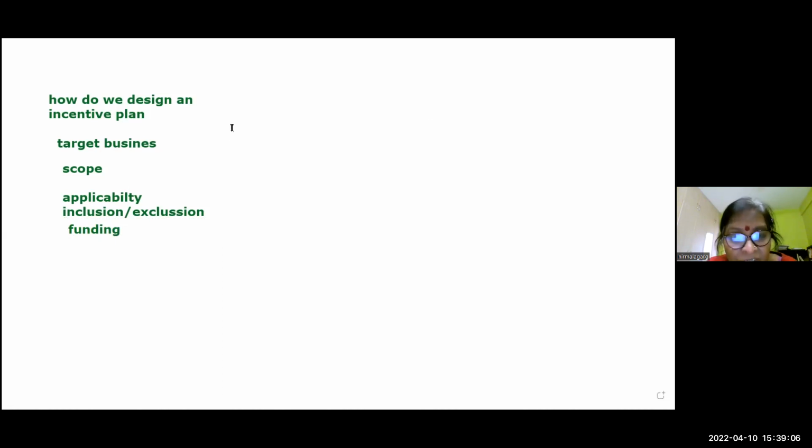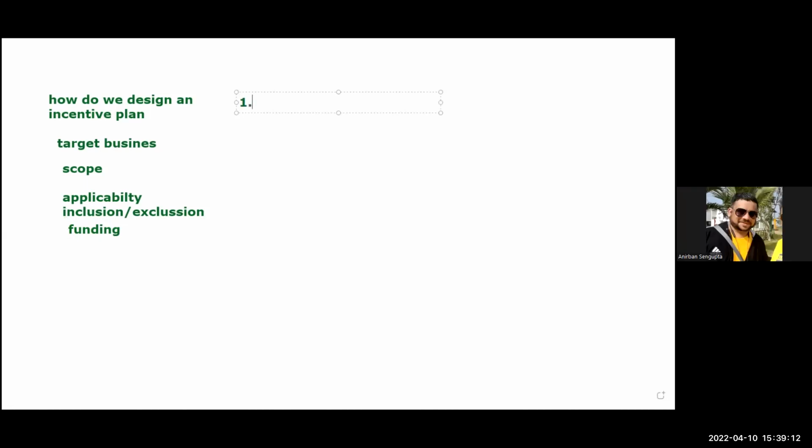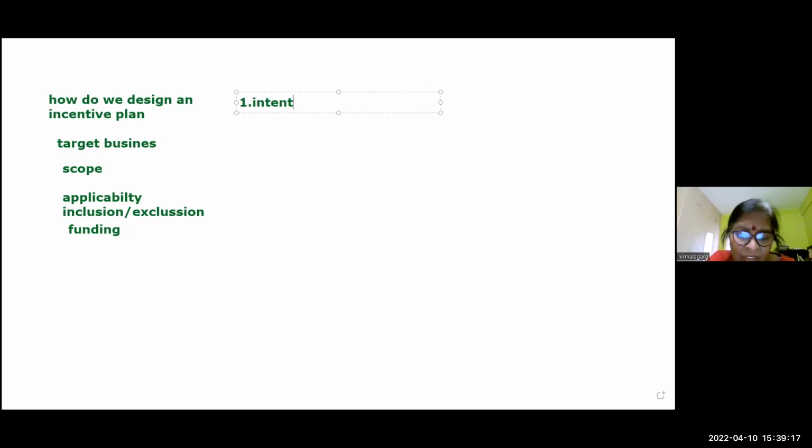So taking into consideration the first step, I feel that anything you do, I need to have an intent. Do you think so? Or what I call purpose. Why am I having this incentive plan? Is it to increase revenue? Is it to increase productivity? Is it to increase my sales?